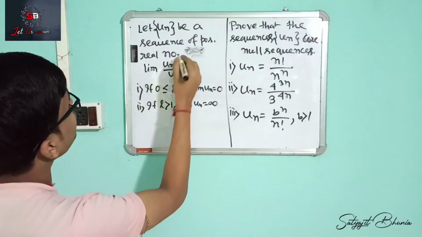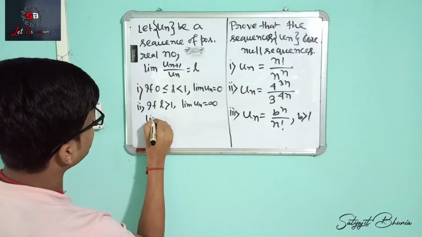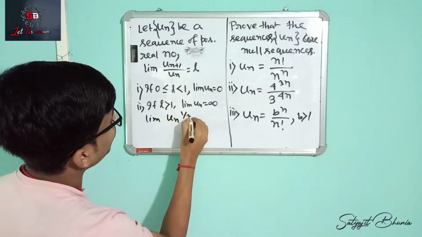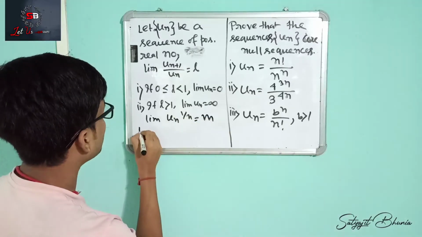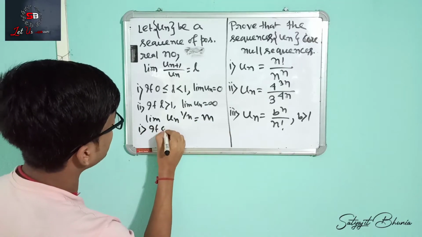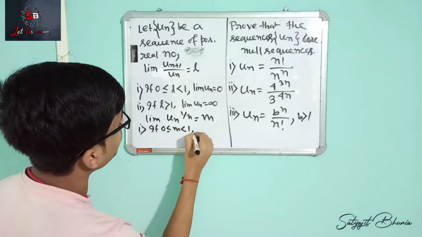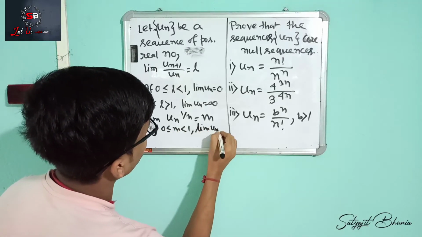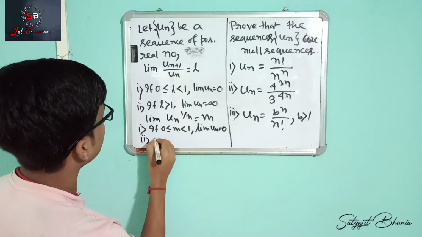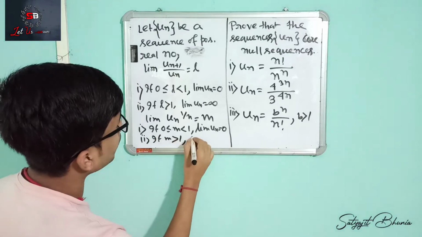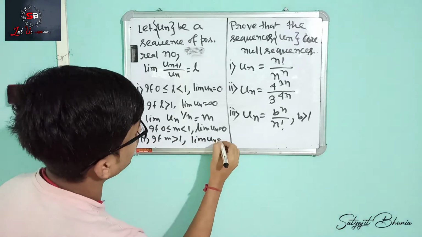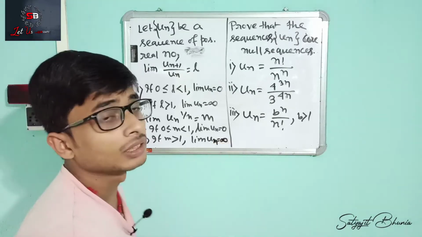Another similar theorem: if limit un to the power 1 by n is equal to m, and if 0 is less than or equal to m less than 1, limit un is equal to 0. If m is greater than 1, then limit un is equal to infinity.